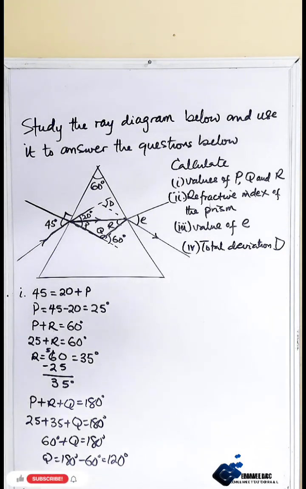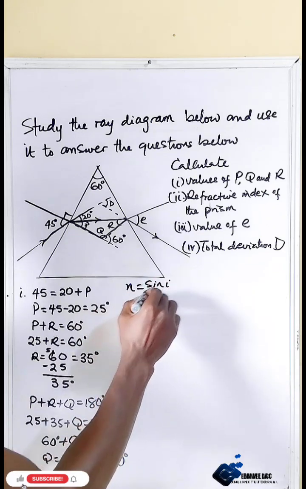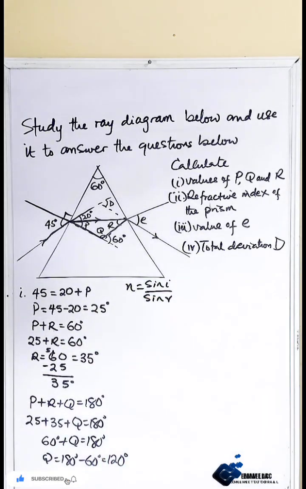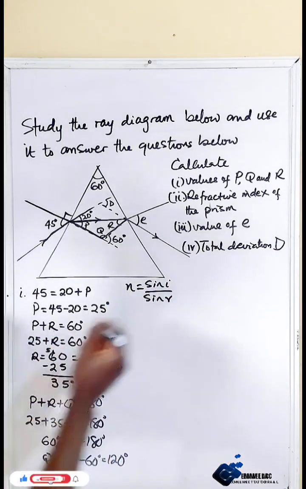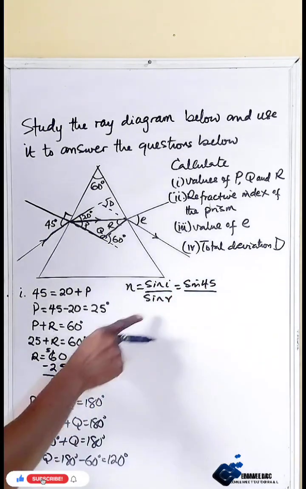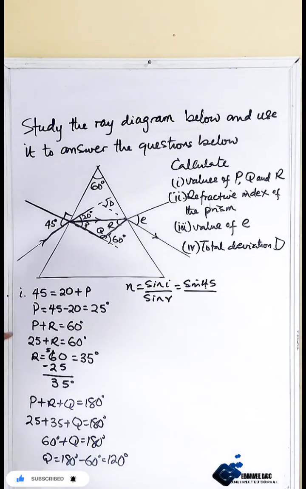Now for us to find the refractive index of the prism, N equals sine i all over sine r. Now to this end, what is sine i and what is sine r? Sine i here is 45, so sine 45, all over sine r, which is here, that is the refractive angle, and our P here is 25.